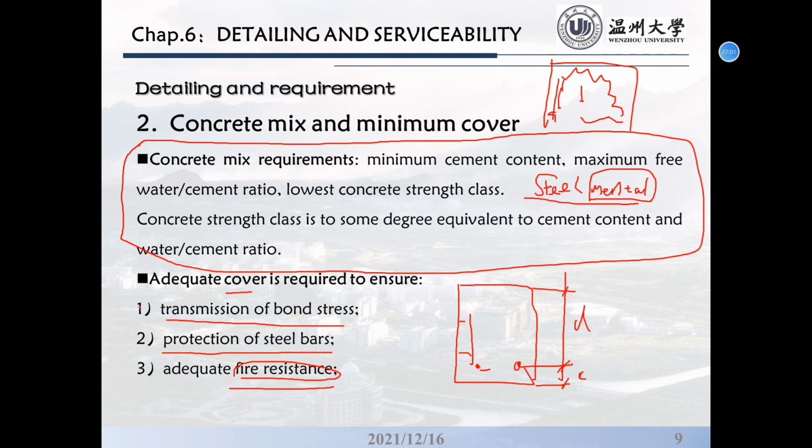These things will affect the cover depth, and during the serviceability limit state we need to consider these factors and give a reasonable cover depth for structures.